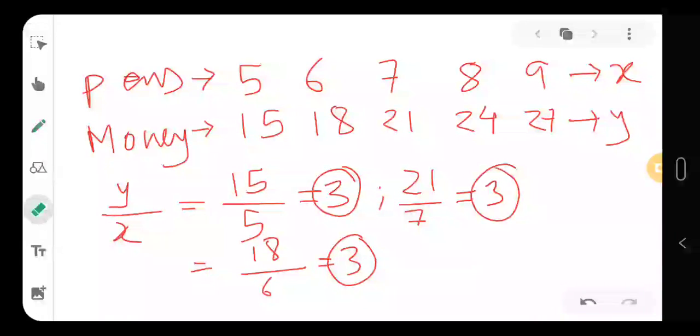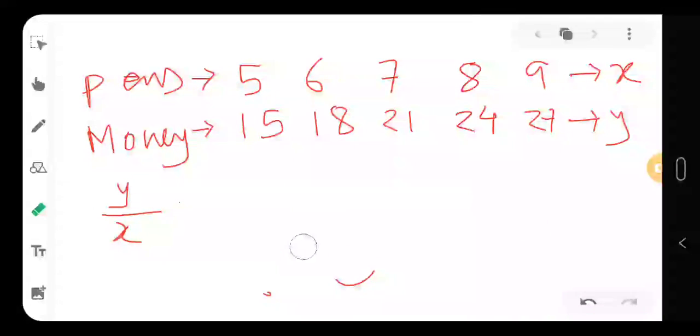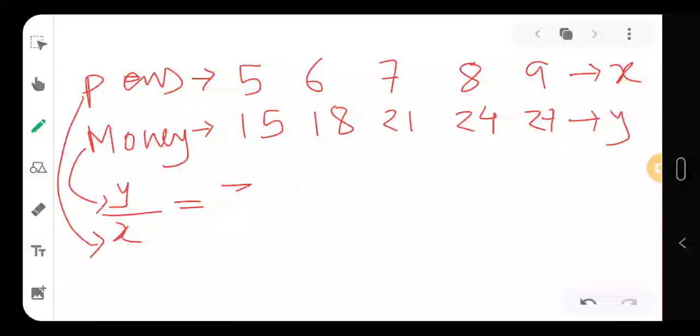So this ratio between the two quantities, money represented by y and pens represented by x, is always equal to 3 in all of these cases.